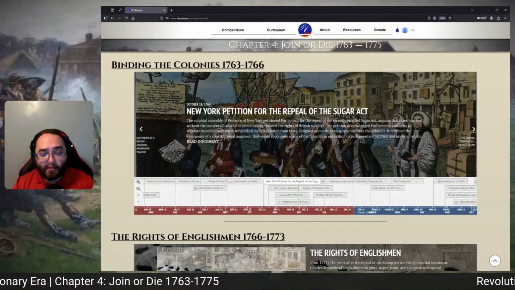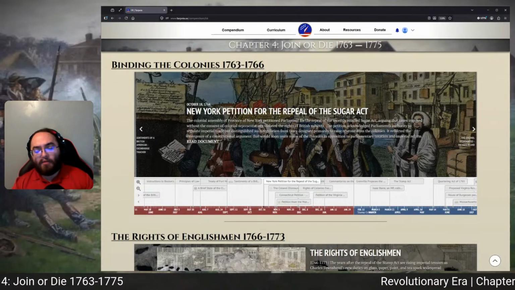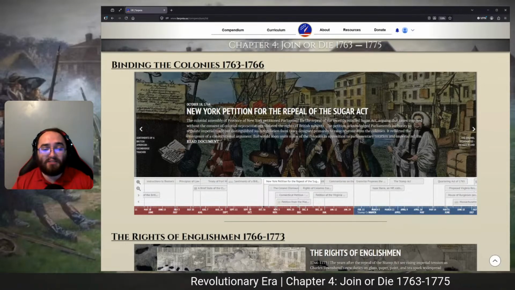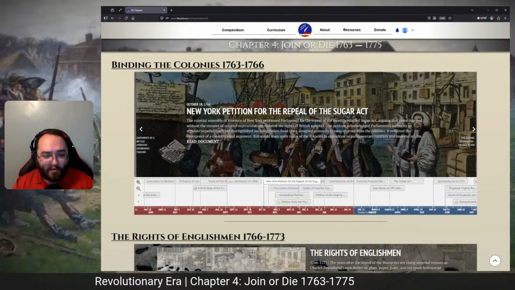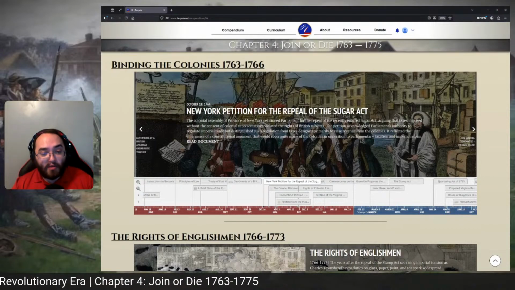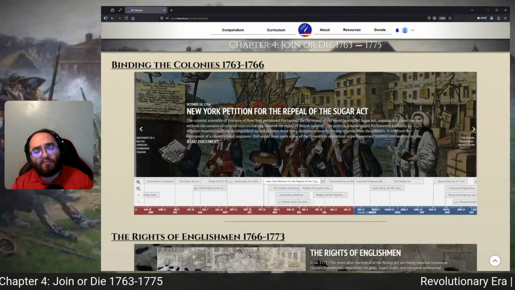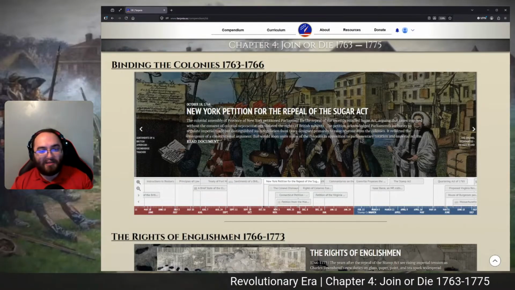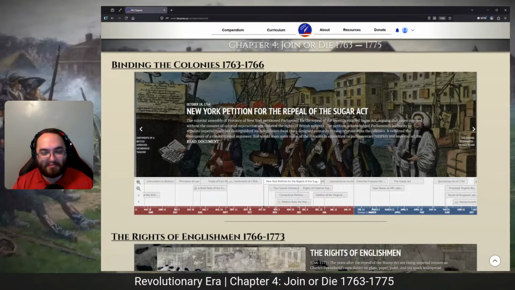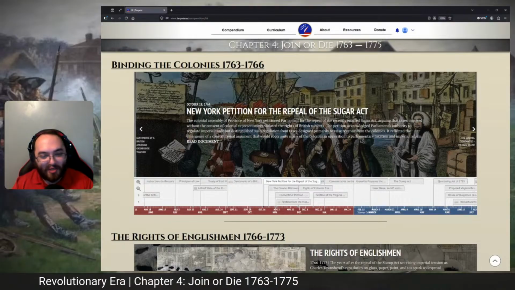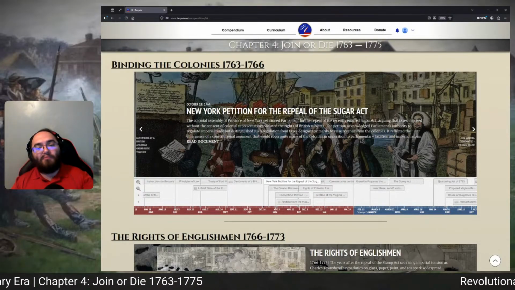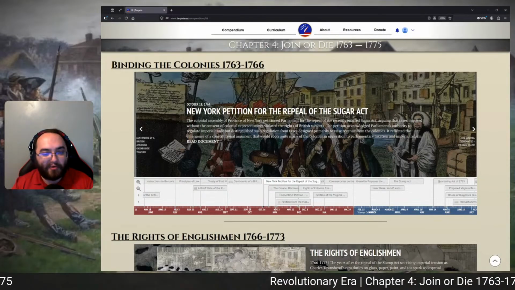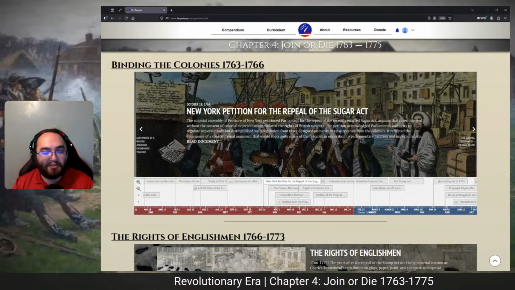It suffered greatly when it comes to manpower. It suffered greatly when it comes to trade and their expenses. So much so that Parliament actually gave New York a tax rebate, some tax deductions, or like a tax return, for contributing so much above and beyond what they were required in the French and Indian War.